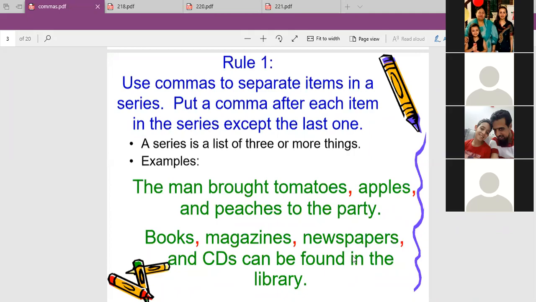Before the last thing, I do not need a comma, but when I am talking about more than one thing in a sentence, after each thing, I must put a comma and separate each thing. So this is the first rule, and this is the most commonly used rule of a comma: when I am talking about more than one thing, I will put a comma after each thing inside a sentence. Yes, everyone?